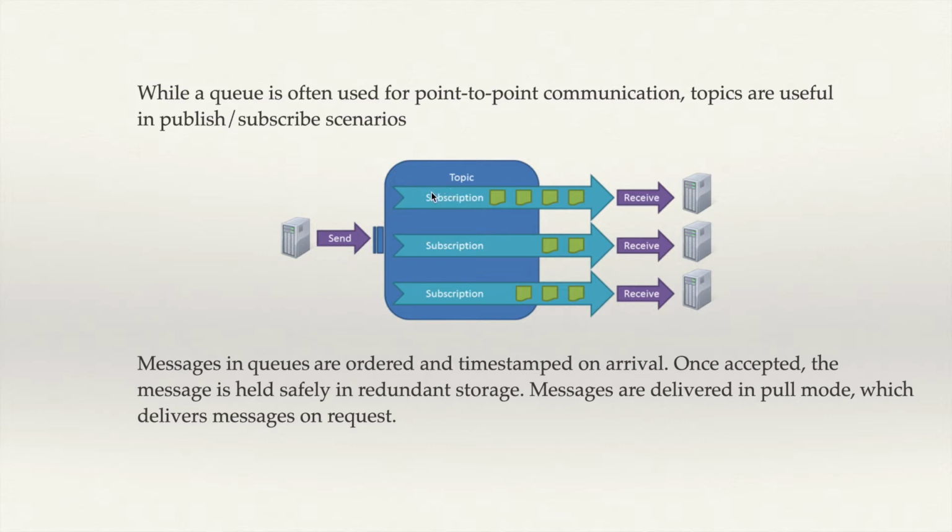Within the topic you have multiple subscriptions, so the same message is distributed amongst these different subscriptions, and within the subscription there are multiple listeners or receivers listening to the subscription. So whenever a message arrives into the subscription, a receiver checks for the condition defined in the subscription, and once the condition matches, the receiver reads the message and acts on it.